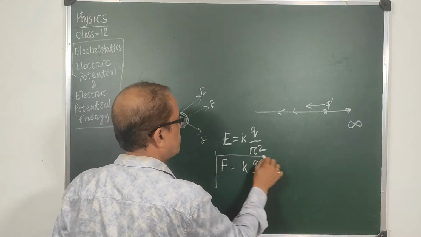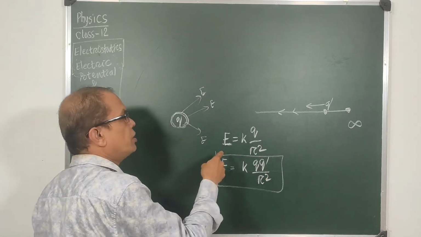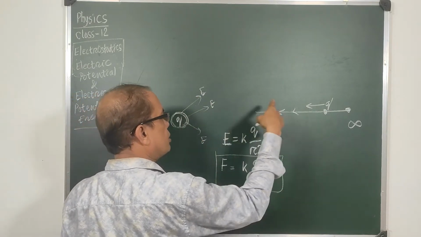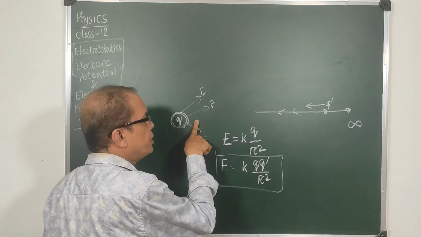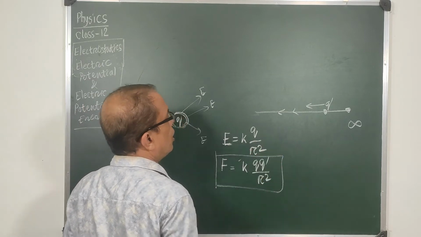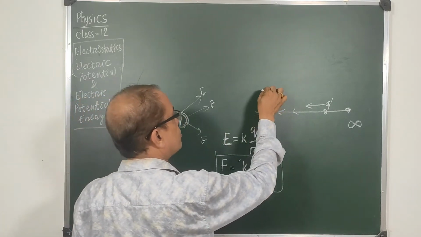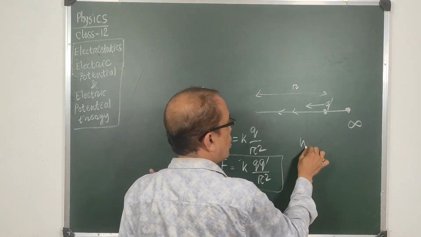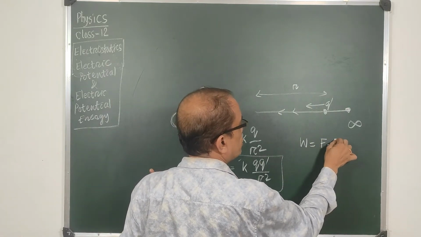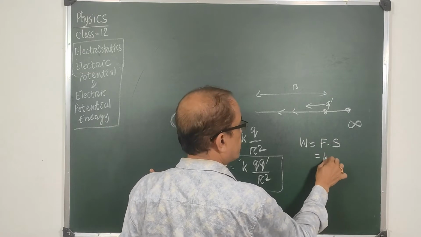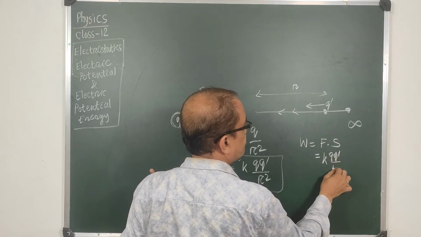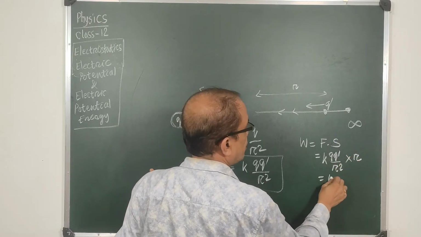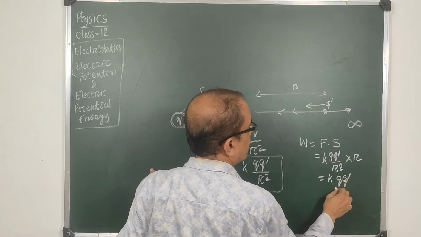We know this is Coulomb's law, and when we are bringing a charge closer to it, then the charge multiplied by this field will give you the force. Suppose this distance is r, we know that work done is force into distance. So if force is k q dash by r square and distance is r, then this will be k q dash by r.